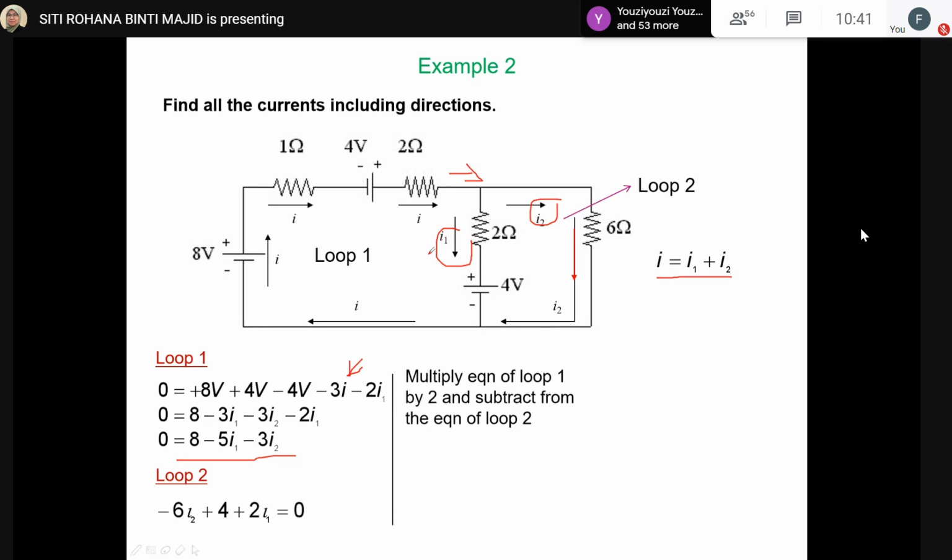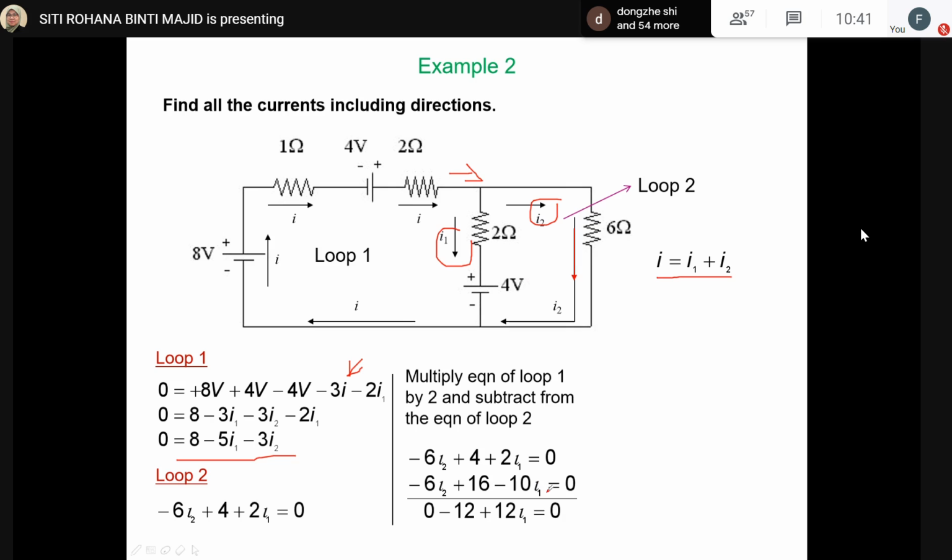Then I will use simultaneous equation, and then you can multiply the equation 1, which is for loop 1 here, by 2, and then you can subtract from the equation of loop 2.